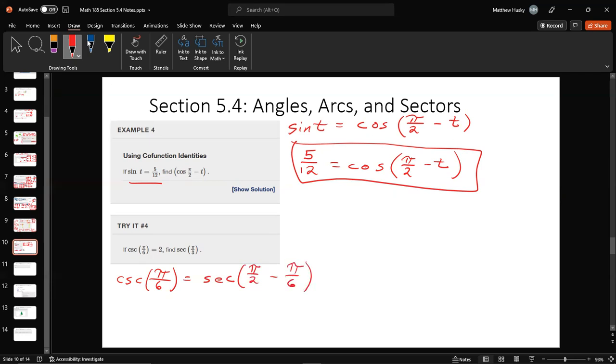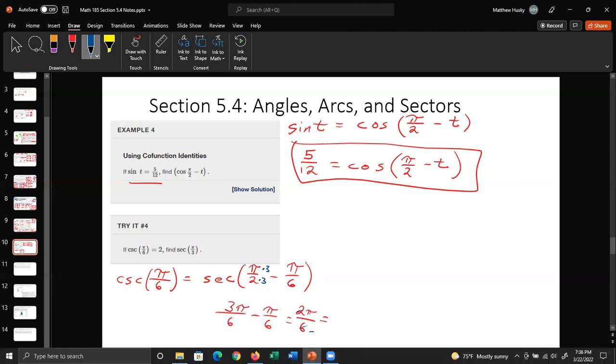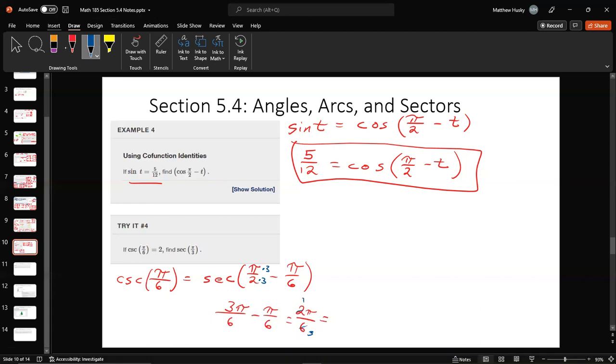Now, fun fact, if you get yourself a common denominator by multiplying by 3 right here, that will give you 3 pi over 6 minus pi over 6. 3 minus 1 is 2 pi over 6. And you can reduce that. You can divide those both by 2 and get a 3 down there. And if you do, that just gives you pi over 3.